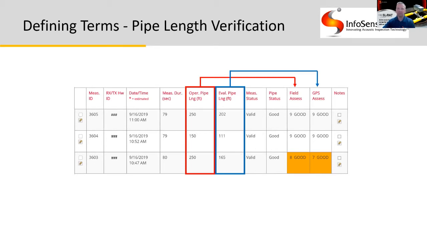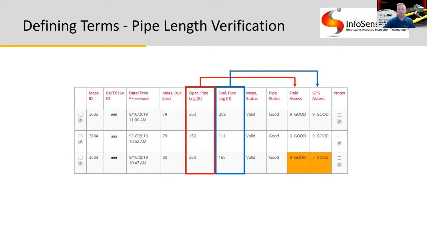These are pretty close, so the field operator did a good job of entering the pipe length. As you can see, this small difference between the operator's input pipe length and the GPS calculated pipe length did not make a difference in the assessment scores. They both received 9s.